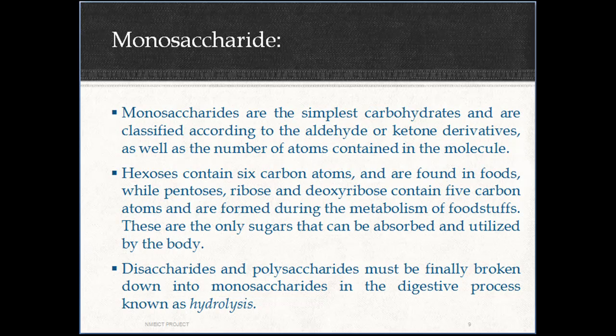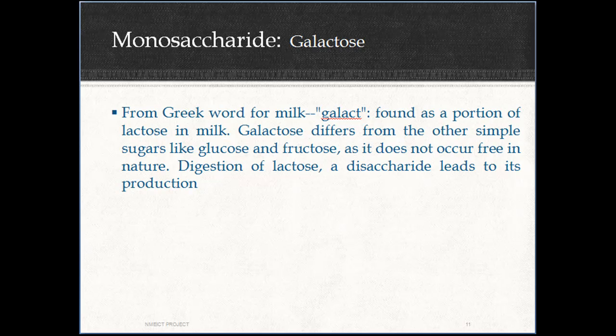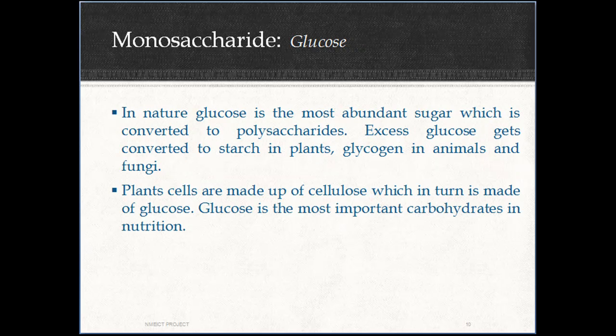Now, what is glucose? The word glucose is a Greek word which means sweet wine or grape sugar. In nature, glucose is the most abundant sugar, which is converted to polysaccharides. Excess glucose gets converted to starch in plants.